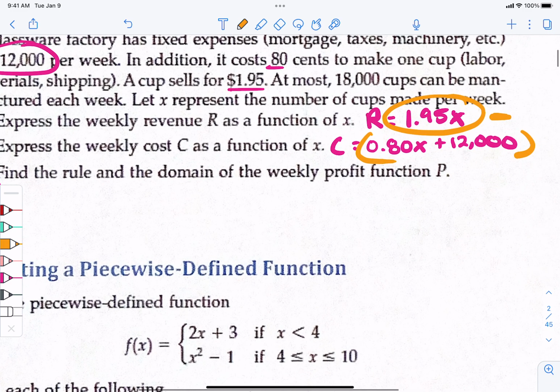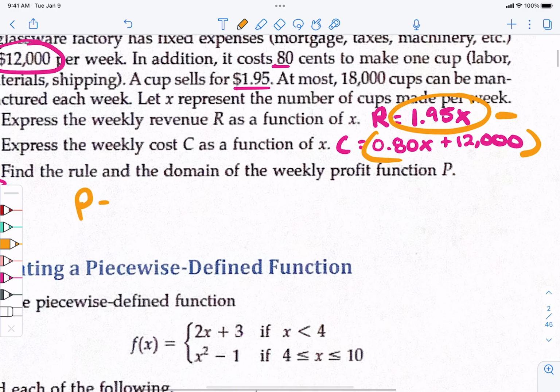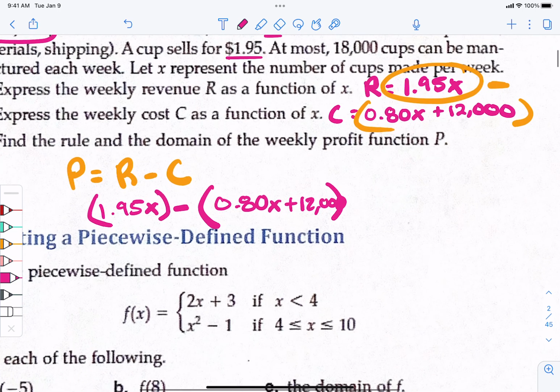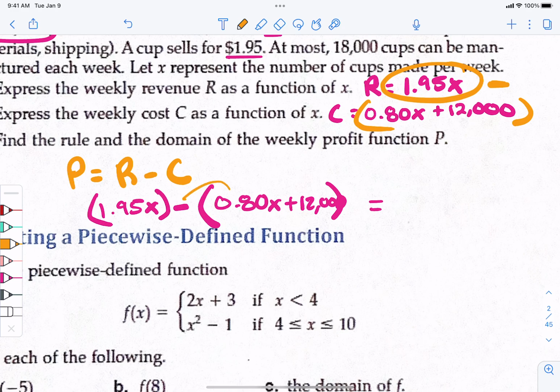Find the rule and the domain for weekly profit. Okay. Profit is equal to revenue minus cost. So if I put those two equations together, my revenue, which was $1.95 per item, we're going to subtract out our cost, which is 80 cents x plus 12,000, right? If I distribute that negative through, this would be negative 0.80x minus 12,000.